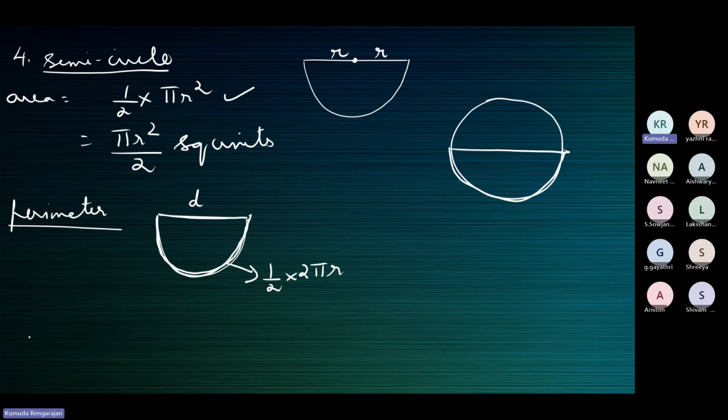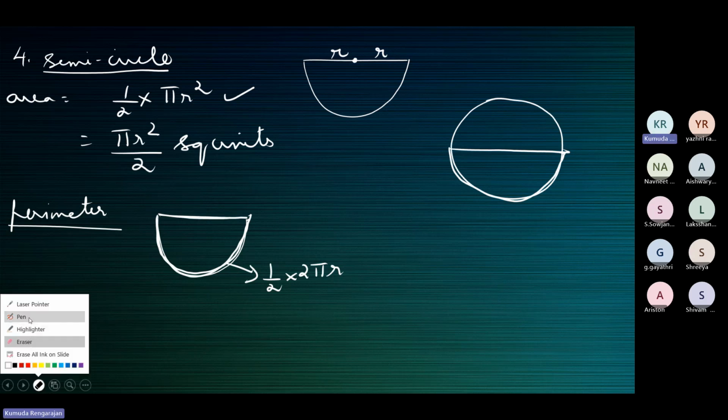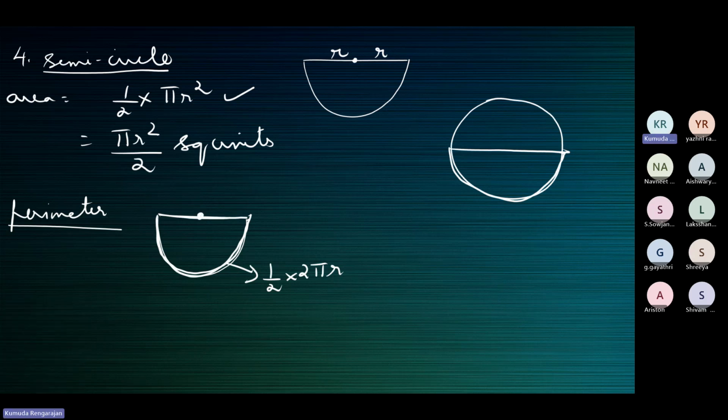This one is d, or it is r plus r, radius plus radius. This is the center. From here to here is a radius, and again from this portion to this portion is a radius.